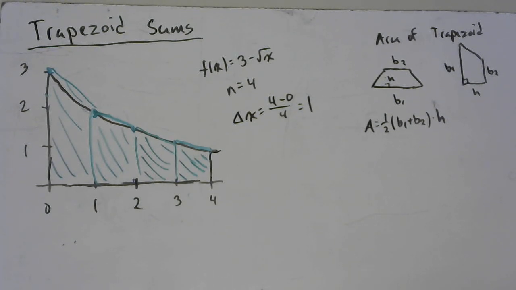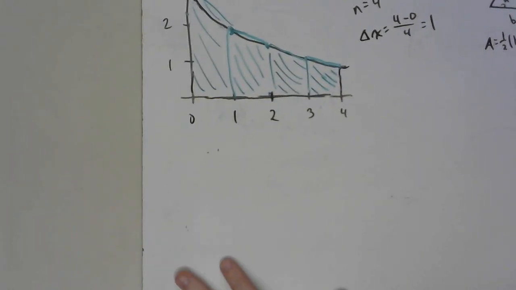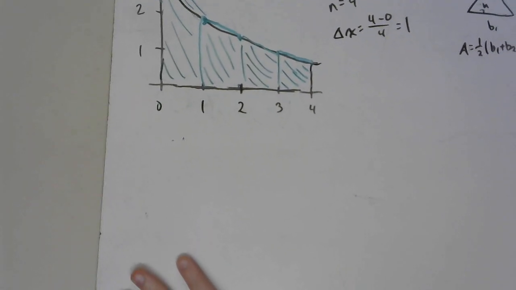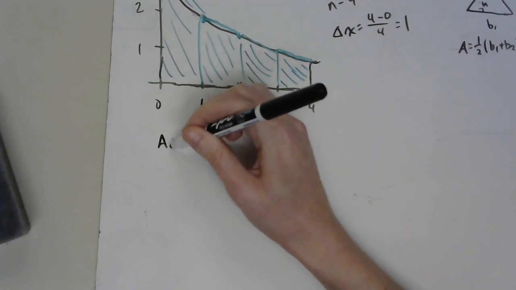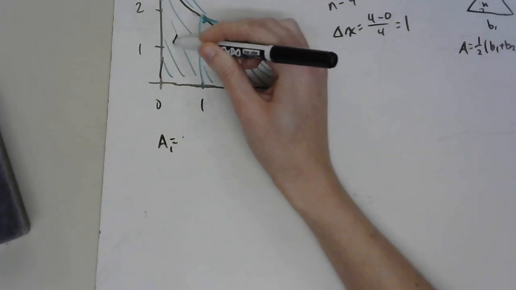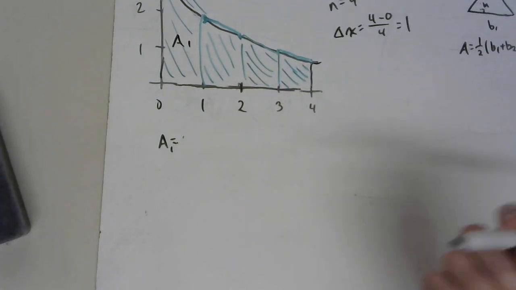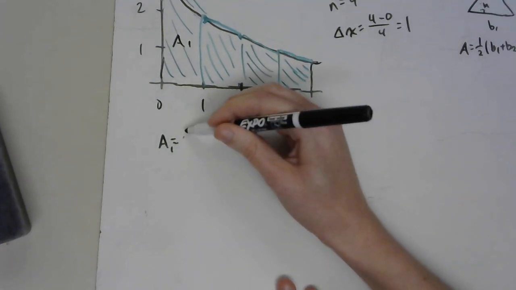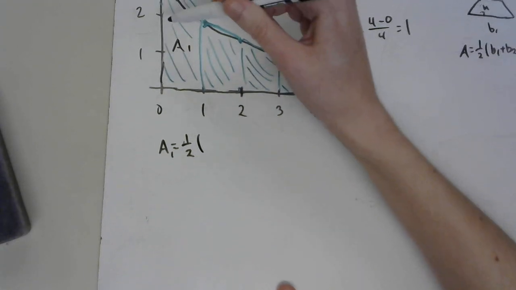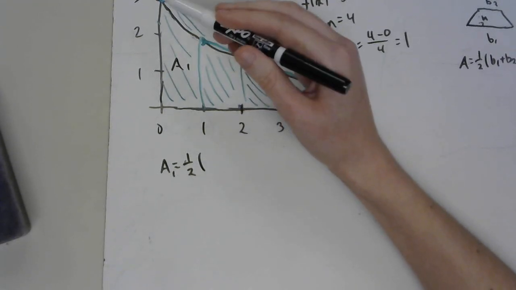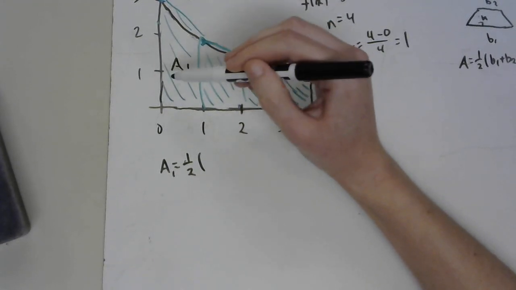So if I look back over to my graph right here, I need to calculate the areas of all of these trapezoids. I'm just going to do the first one here in the video, a sub 1, area of my first rectangle, or not rectangle, trapezoid. It would be 1/2 times my 1 base. I'm going to look at this whole length that's given by f of 0.